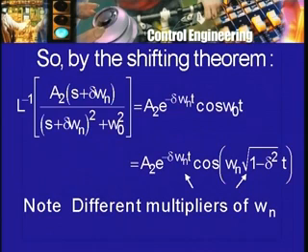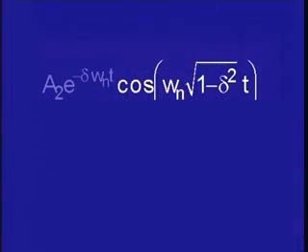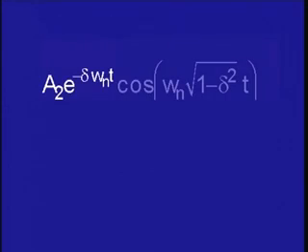Now, let us not worry too much about what exactly appears as the argument of the cosine function and the exponential term here, but let us concentrate on their behavior. Of course, it does not require me to tell you that this function is simply an oscillating sinusoidal function which will continue oscillating forever. This part, since delta is positive, omega n is positive, is an exponentially decaying function.